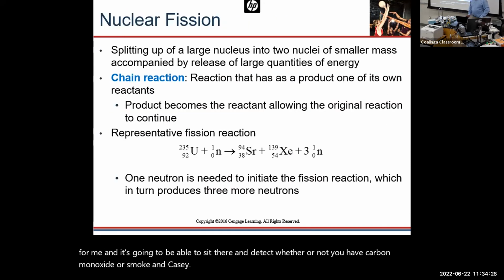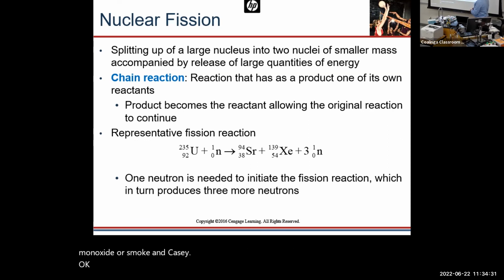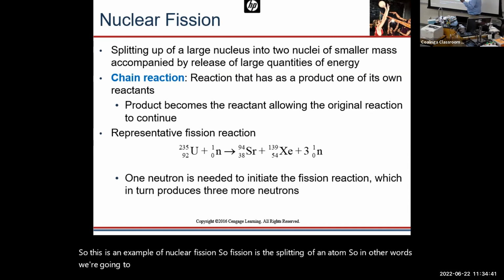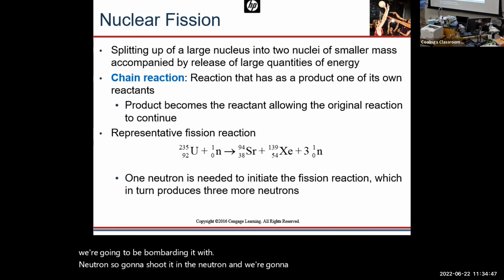Okay, so this is an example of fission. Fission is the splitting of an atom. In other words, we're going to be bombarding it with a neutron. Shoot in a neutron, and we're going to cause the atom to split.